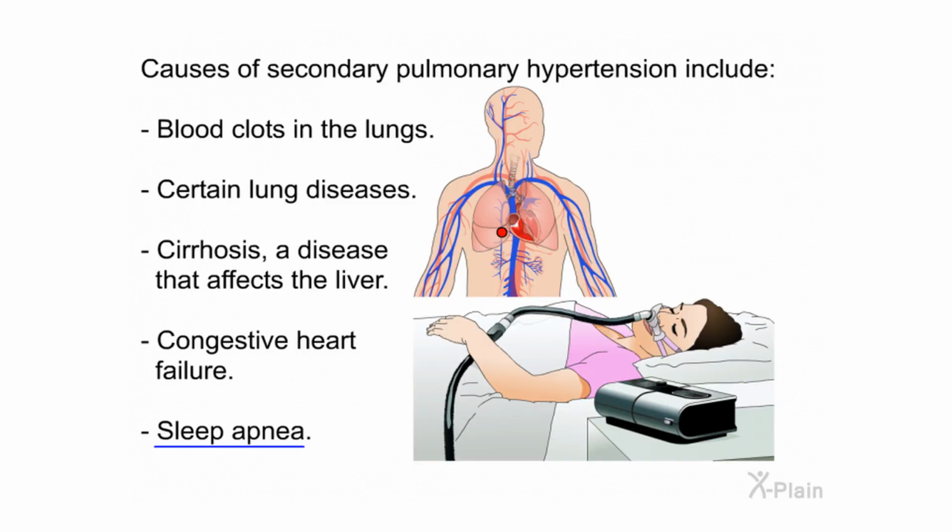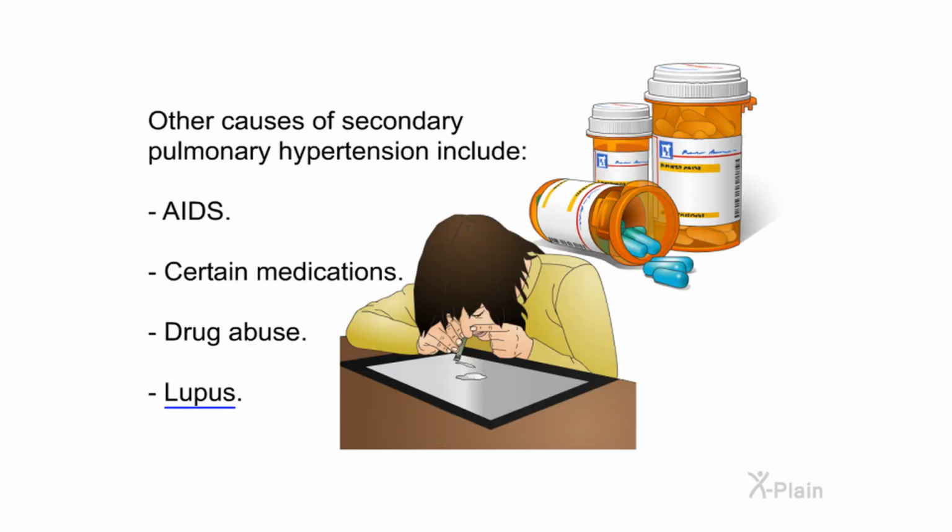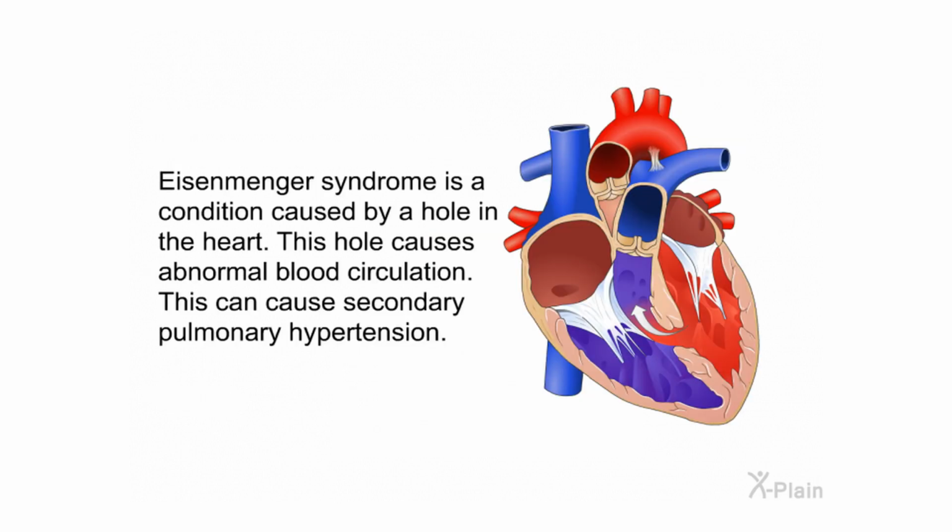Causes of secondary pulmonary hypertension include blood clots in the lungs, certain lung diseases, cirrhosis, a disease that affects the liver, congestive heart failure, sleep apnea. Other causes of secondary pulmonary hypertension include AIDS, certain medications, drug abuse, lupus.